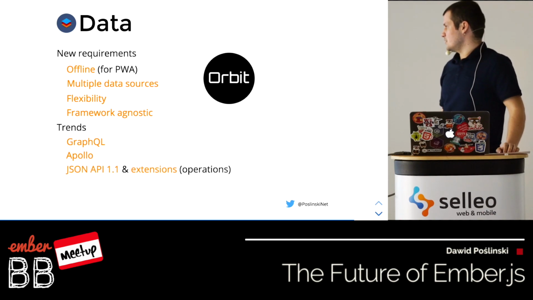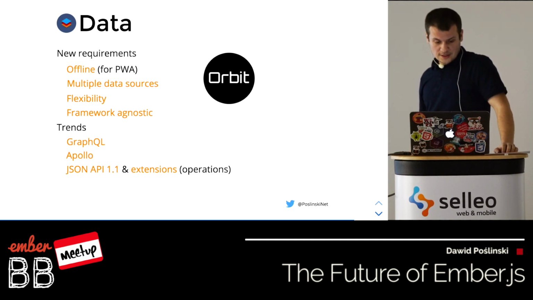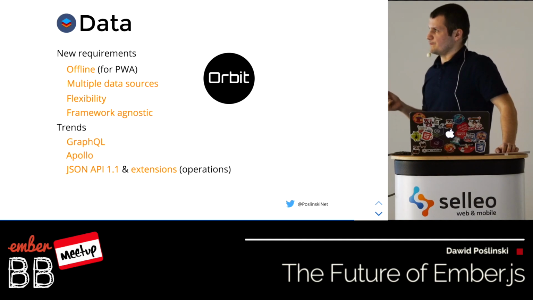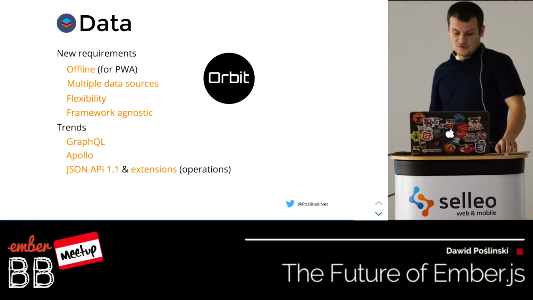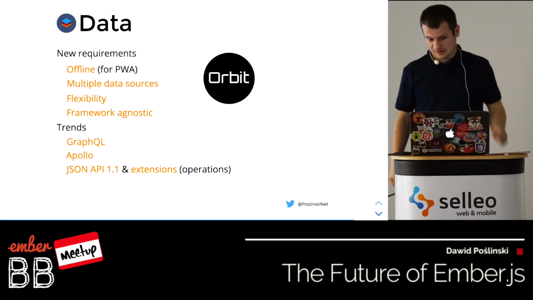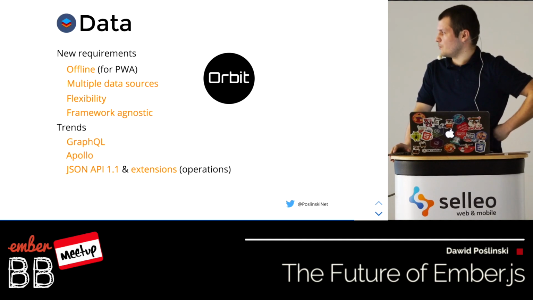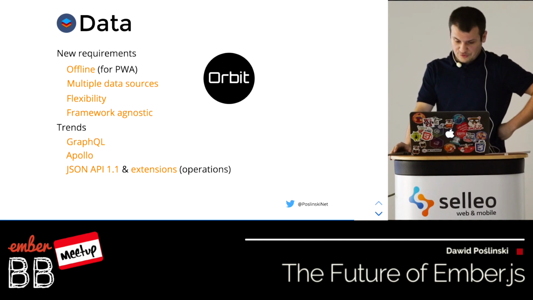And there is already a draft of JSON API 1.1. Similar to the problem with optional features in Ember, the JSON API core team decided to create something like extensions, and here's a sample of an extension that may come up soon, called operations, which will be similar to what custom actions in Ember should do.